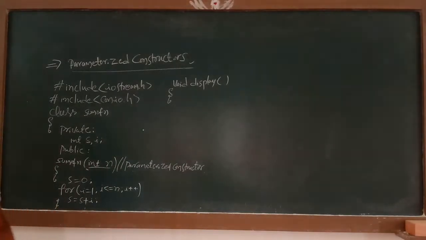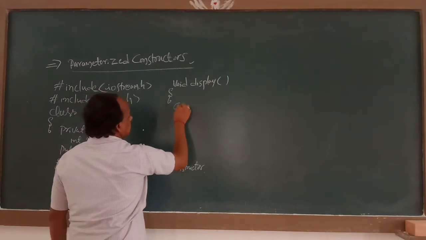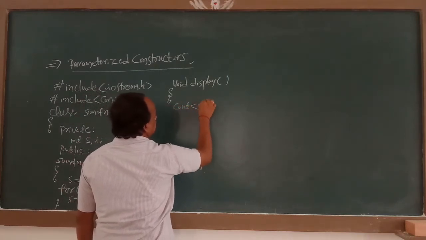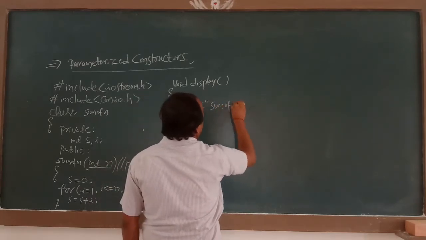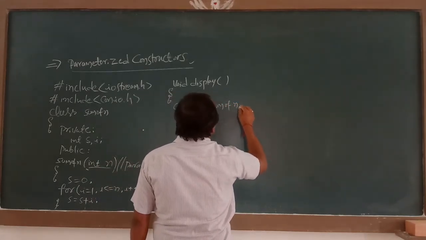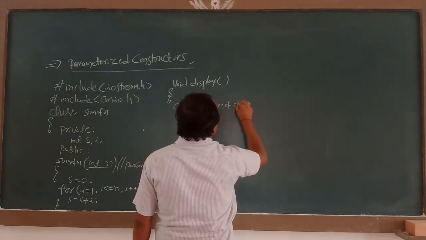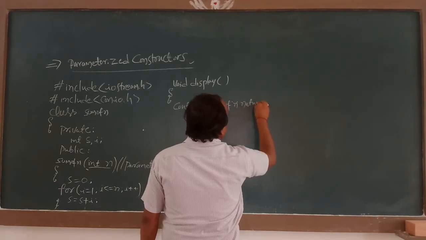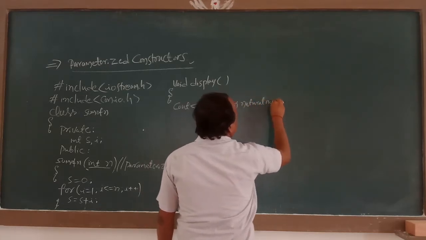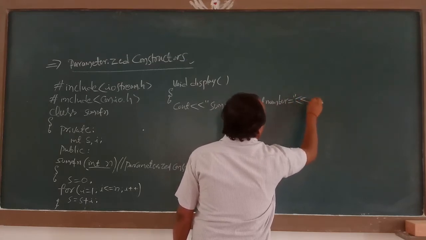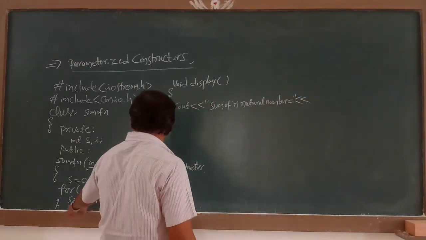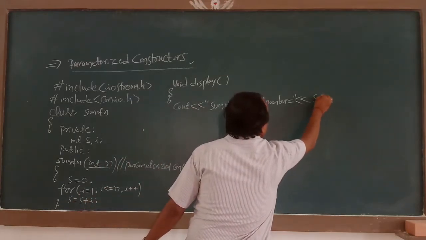I am going to write one cout statement, that is cout, sum of n number is equal to, and I am writing s here.